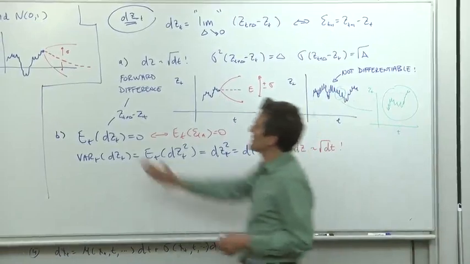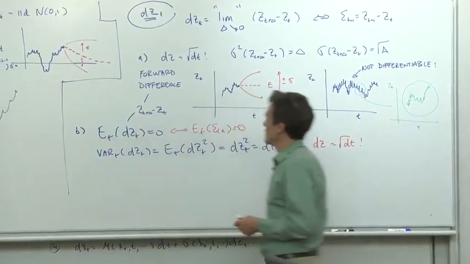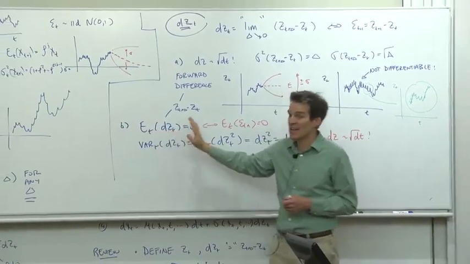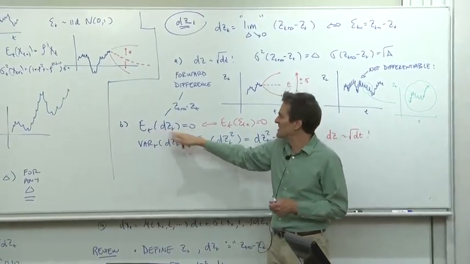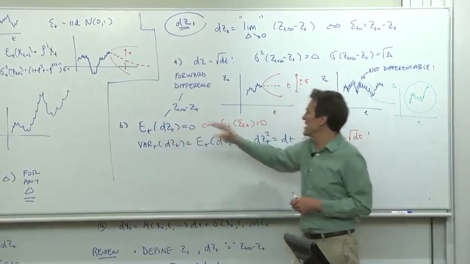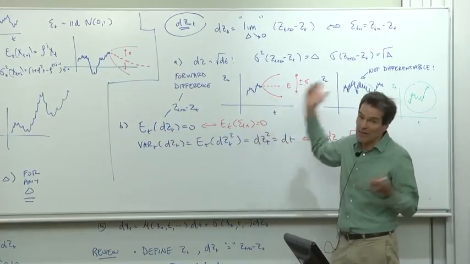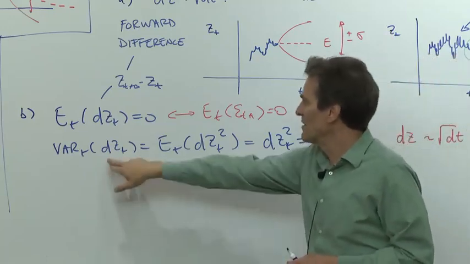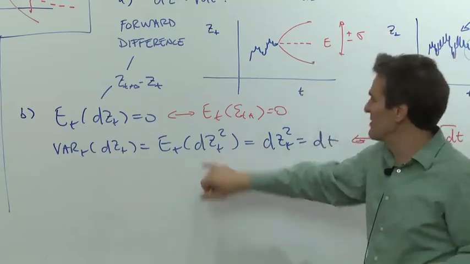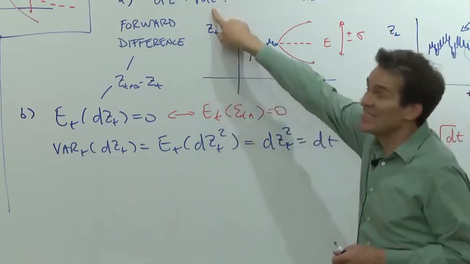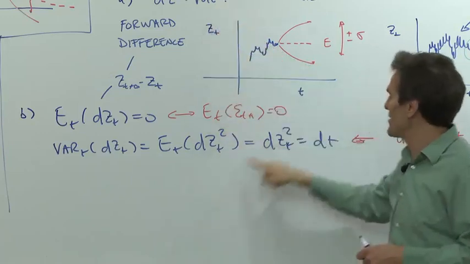Now, from that ingredient, what do we know how to do? What we're interested in doing is taking moments, as we did here. So what's the mean? This ET of dzt. Now, that looks weird, but remember, dzt is a forward-looking difference. So the conditional mean is 0, just as the conditional mean of the epsilons is 0. What's the variance? Well, the variance of dz is the mean of dz squared. dz squared, if dz is square root of dt, dz squared is dt.